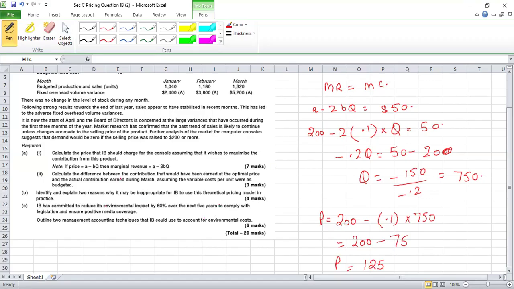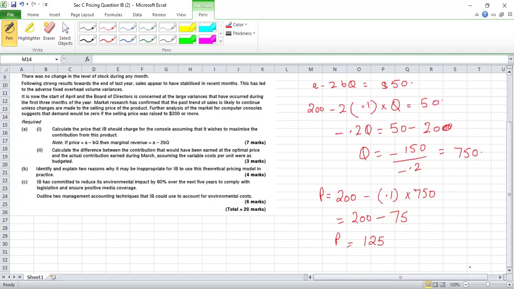The second one is to calculate the difference between the contribution that would have been earned at the optimal price and the actual contribution earned during March. In March we sold 800 units, and he is asking what would be the contribution at the optimal price and what we earned in March, assuming variable cost per unit is as follows.